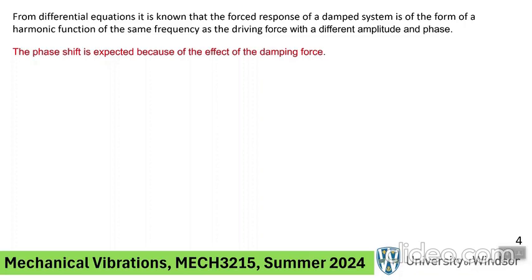But there is a phase shift involved, because of the presence of the damping. If there was no damping, as we did on Tuesday, this theta would be 0, of course. And there's an amplitude that we have to find. We have to find X and theta.